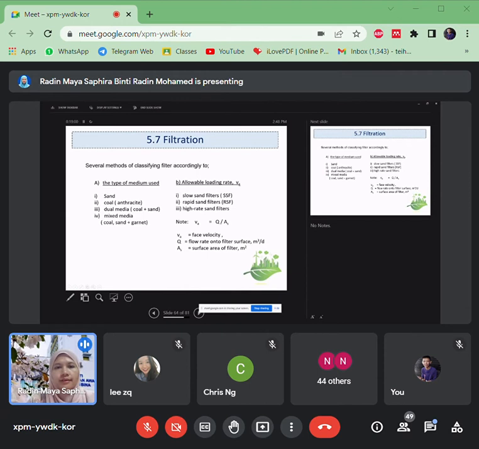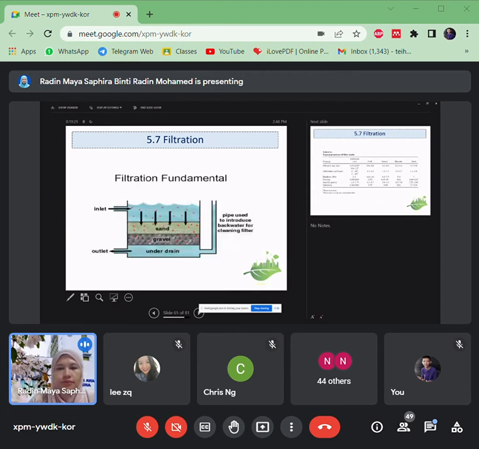So these are several methods of classifying the filter accordingly. The combination could be sand, coal, or a combination of both, or some mixed media like coal, sand, and garnet. So this is the filtration fundamental.